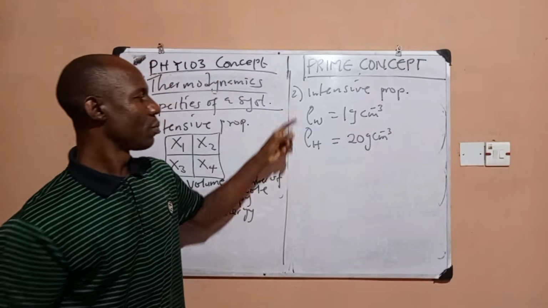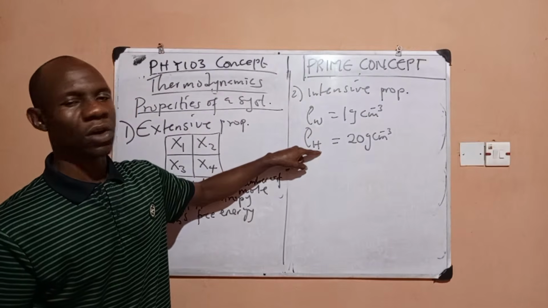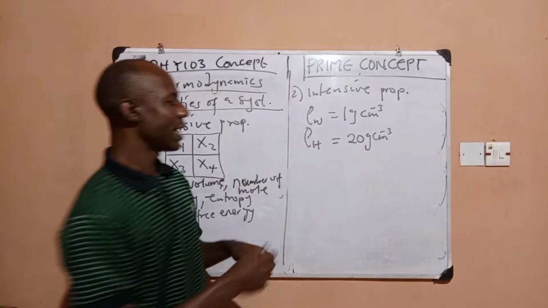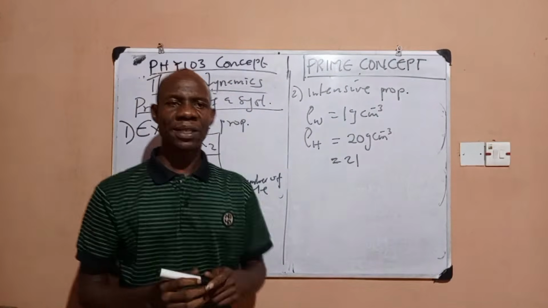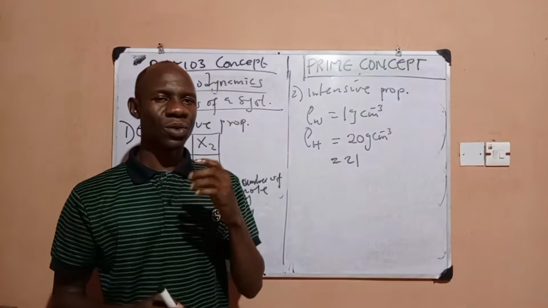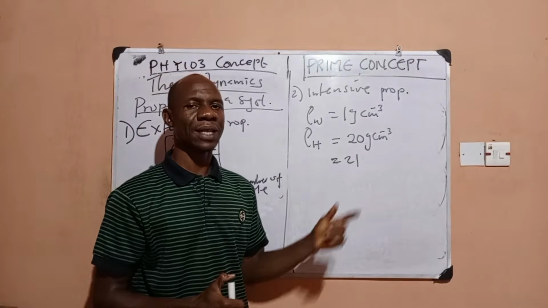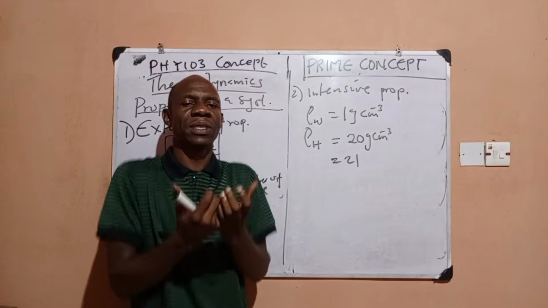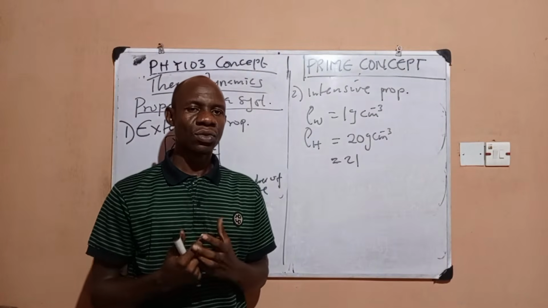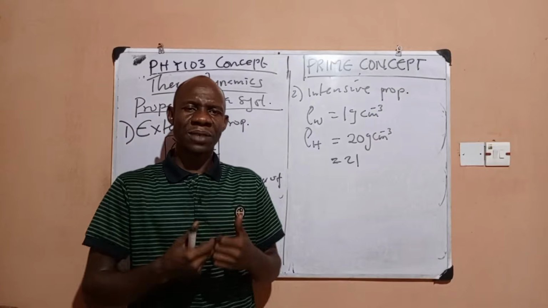If you pour water in honey, do you expect that the new density becomes 21? Do you expect the new density to become 21? No. If you say the new density is 21, you're trying to tell us that when you pour water into honey, the honey will become thicker. But is that true? No. When you pour water in honey, it becomes even lighter.